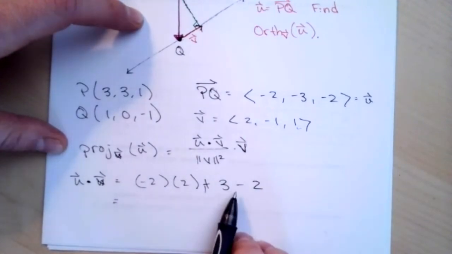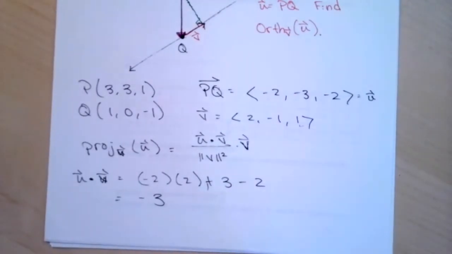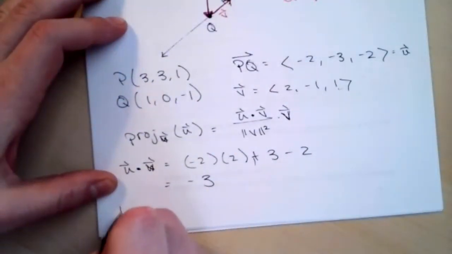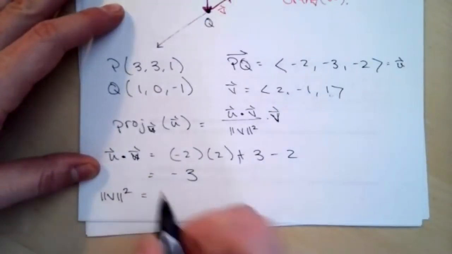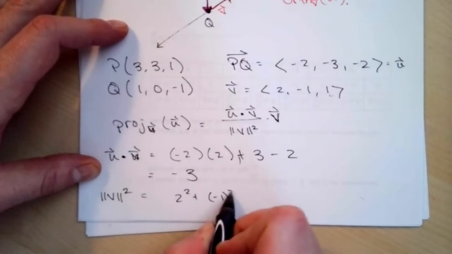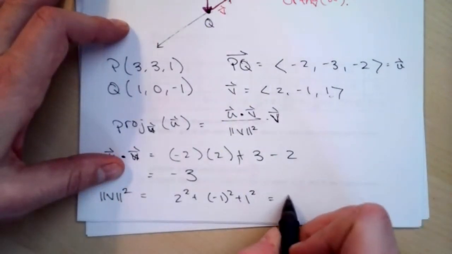So we got -4, plus 3, minus 2, which is -3. And then our norm V, let's keep it as norm squared. Norm squared is always easier to compute. This is going to be 2 squared plus -1 squared plus 1 squared, so it's going to give us 6.